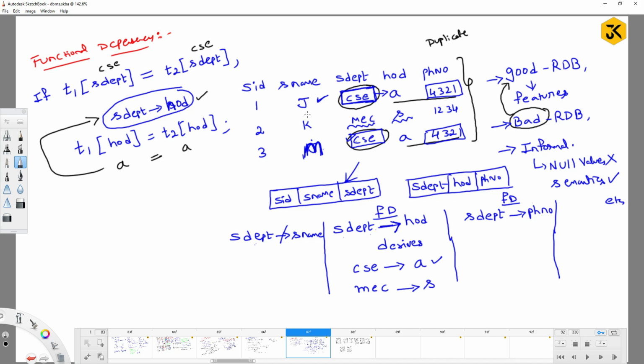Take out the case for the S name. So for example, in this particular case, does SID functionally determine S name? Yes or no? Yes, I can simply say that, as these are all unique, I don't need to check again the right hand side property.